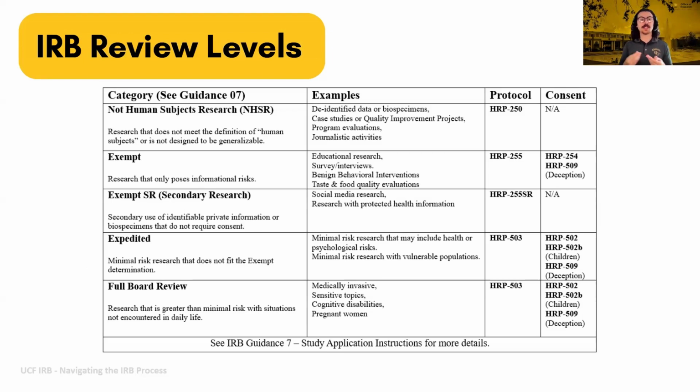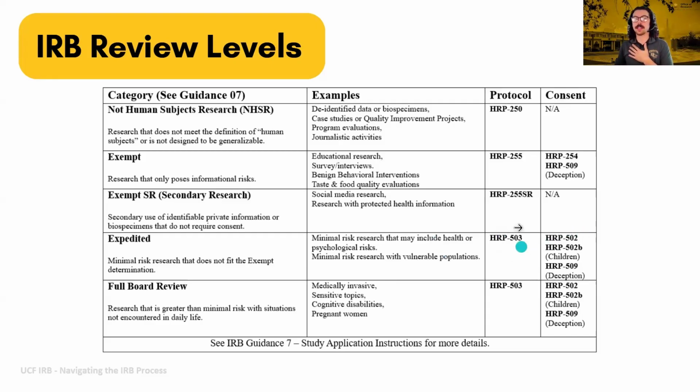You can justify that these are things that ordinary people probably encounter in their daily life. However, because it might be working with vulnerable populations, or you might be asking questions about psychological risk, or you might be taking health metrics, we put this in the expedited category.